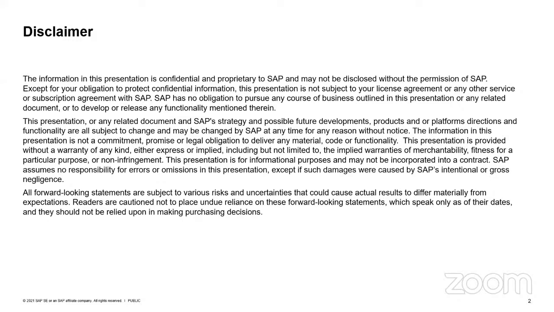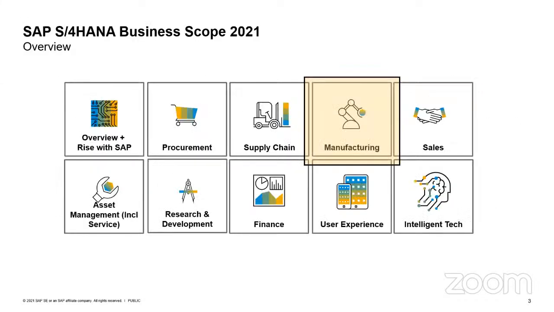You can continue. This presentation, the related document and SAP strategy, and possible future development, products and platform directions and functionality are all subject to change and may be changed by SAP at any time for any reason without notice. With this statement, I would like you to go through this disclaimer quickly, and I will go to the next slide.